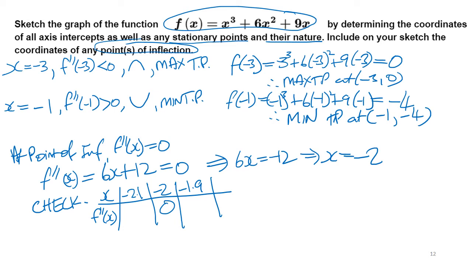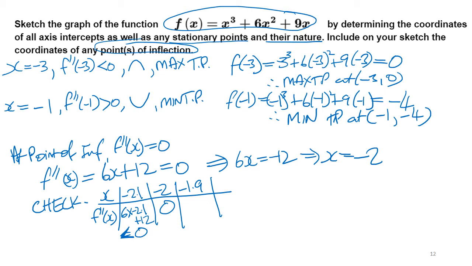Then we are going to sub in 6 times negative 2.1 plus 12. All right, and let's see what that number is. Well, 6 times negative 2.1 would be negative 12.6. Negative 12.6 plus 12, we are going to have a number less than 0. So we're going to have a negative number.